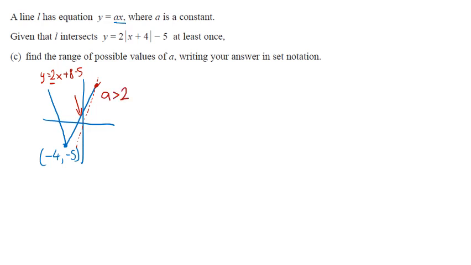The other alternative is that we've got a line so shallow that it hits the bit of the curve down here. And it must be shallow enough that it at least hits the vertex point.